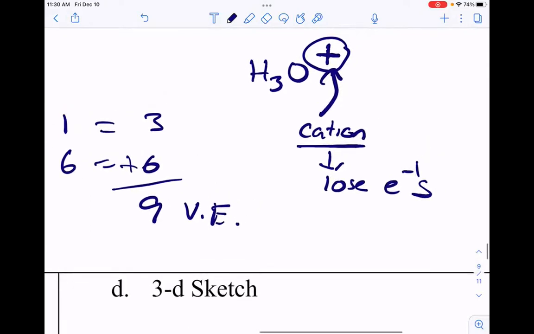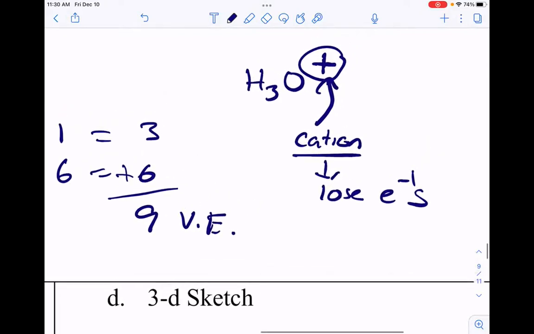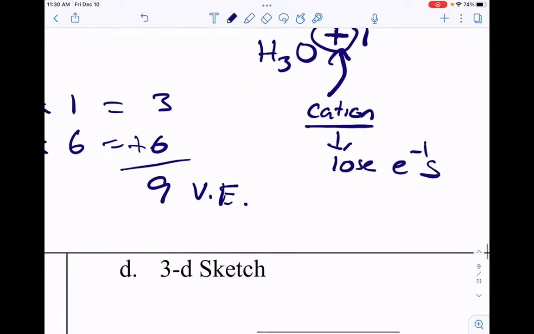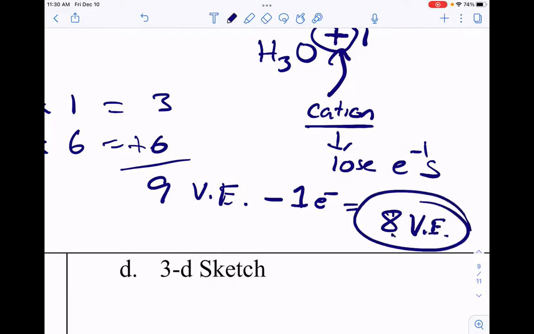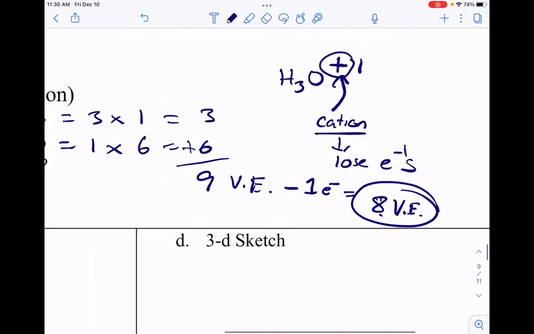So therefore, you're going to lose the value that is presented here. So since it's +1, then that means you're going to lose 1. And so your total valence count is not 9, it is actually 8. Okay. Does that make sense?